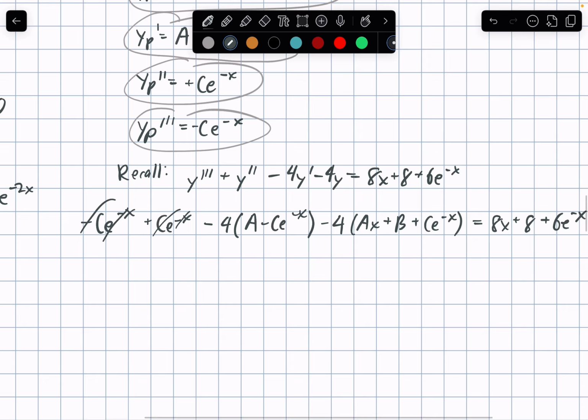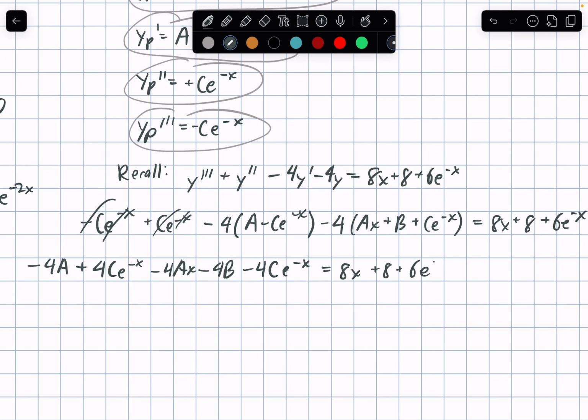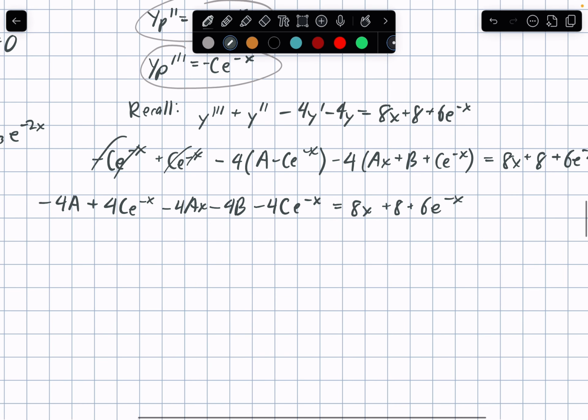Yeah, these will cancel. So they will cancel, no? What I highlighted.